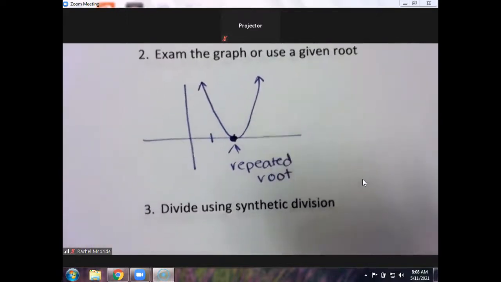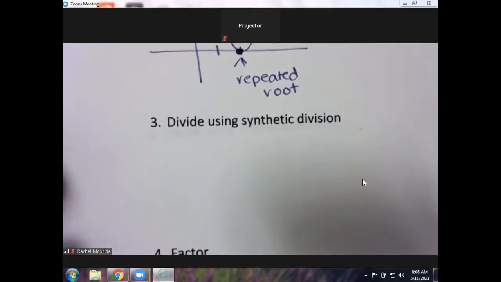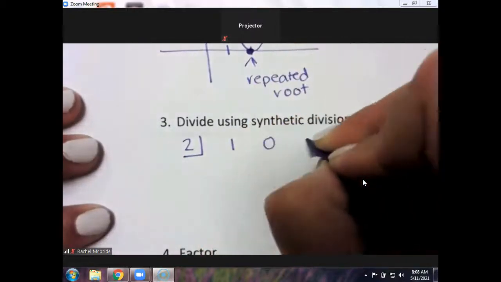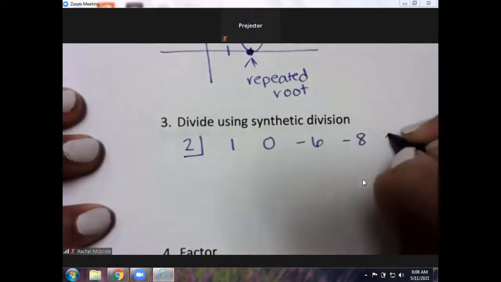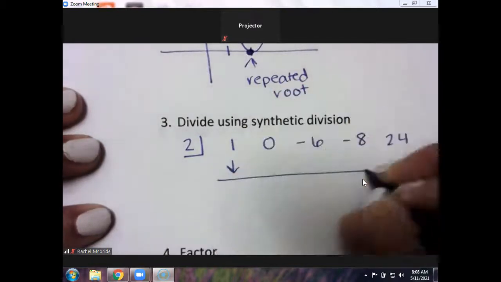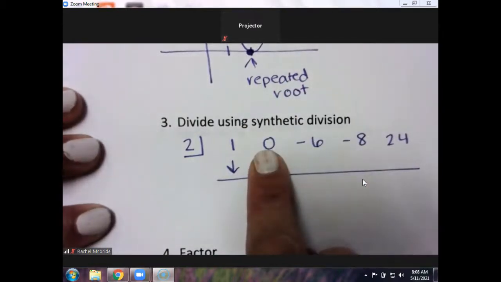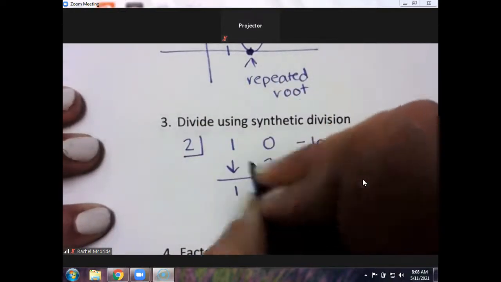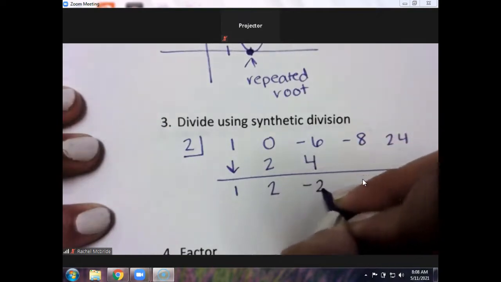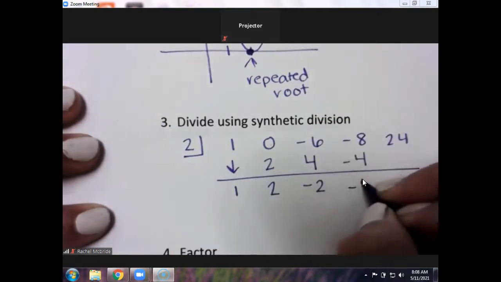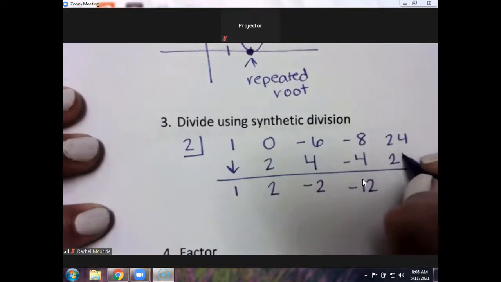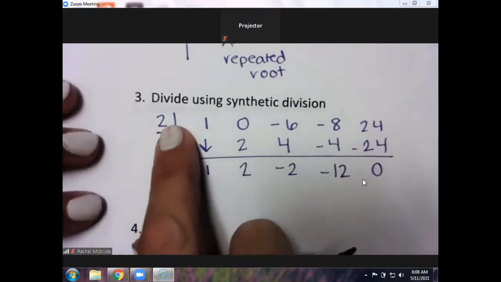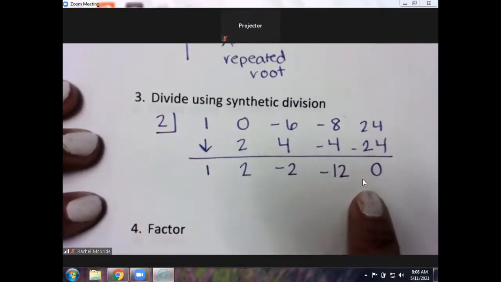And then we can use synthetic division to get this down a factor. We have to put in a placeholder of 0 because there's no cube term. I know that 2 is a 0, so I know I'm going to get 0.